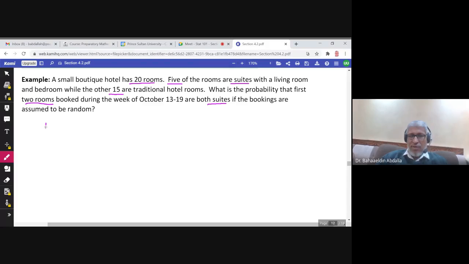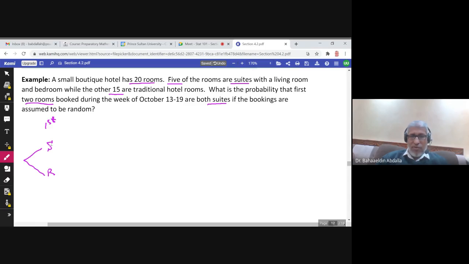So let us talk about the first room, selecting the first room or booking the first room. The first room could be a suite, if I call it S, or a traditional room, let me call it R. So this is the first room. It could be suite or room. What is the probability of S and what is the probability of R?